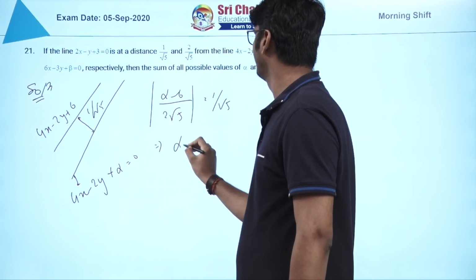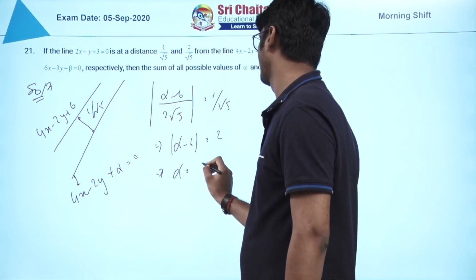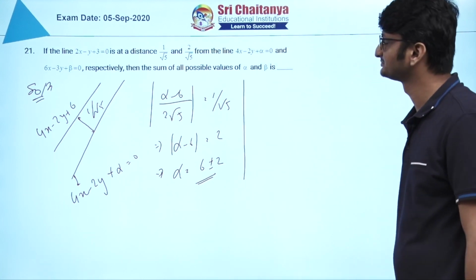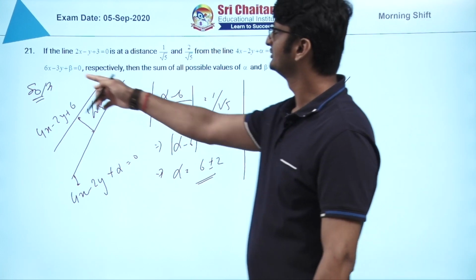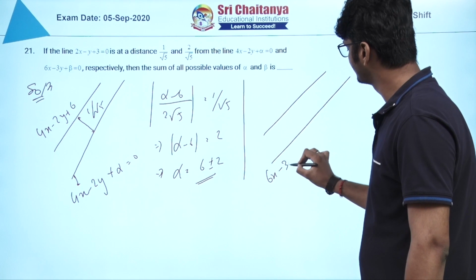So basically you are getting alpha minus 6 as equal to 2. So alpha is equal to 6 plus minus 2, two values of alpha are possible. Similar thing we are doing for this line also: 6x minus 3y plus beta. Again this line is also parallel.